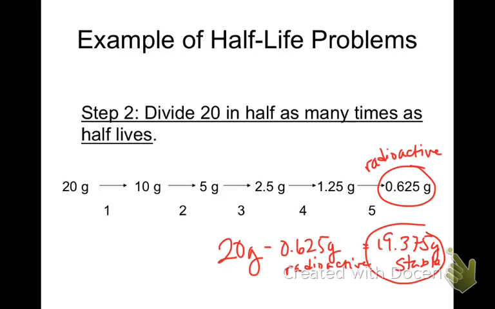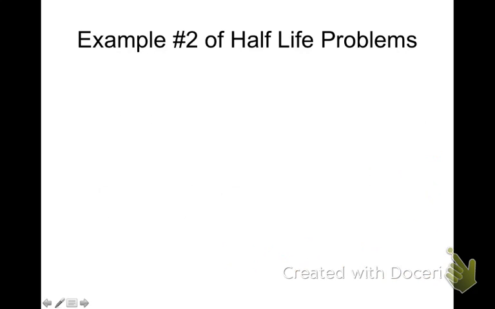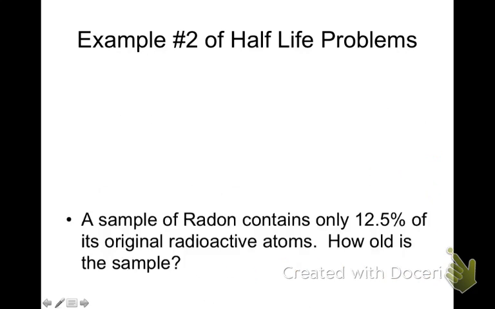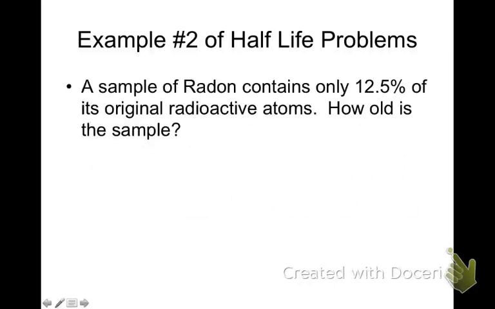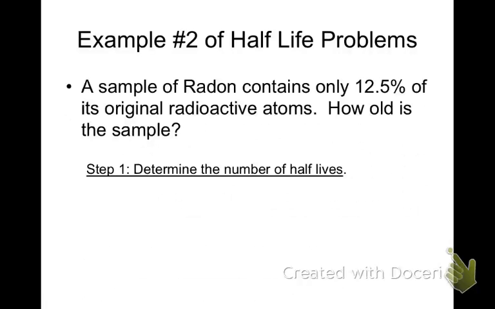Another type of question is going to ask you how old the sample is. So here's your second example. A sample of radon contains only 12.5% of its original radioactive atoms. How old is the sample? So this time we know how much is still radioactive. First thing you want to do is to determine the number of half-lives once again.